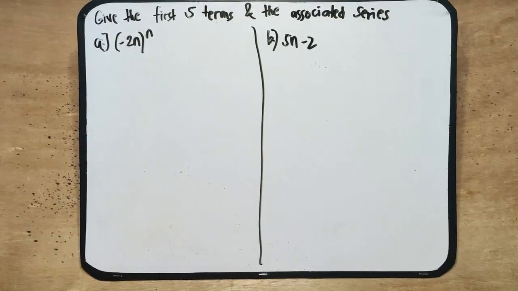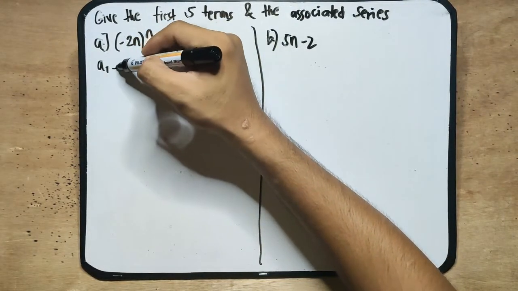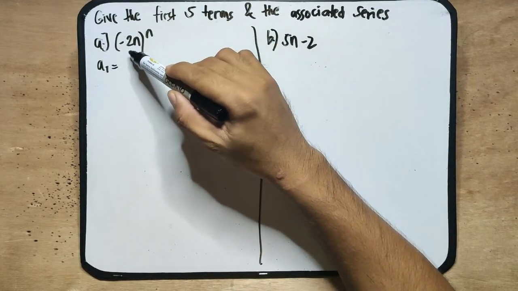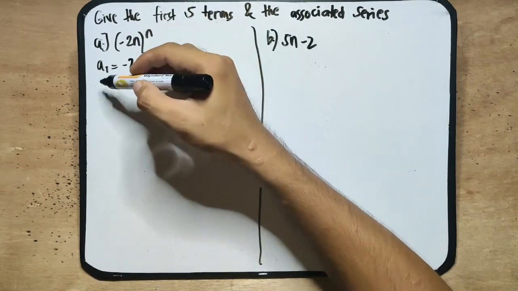In this example, we give the first 5 terms of the following sequences, and we also give their associated series. So, in example A, item a sub 1 is, if n is 1, 1 times negative 2 is negative 2, negative 2 raised to 1 is still negative 2.